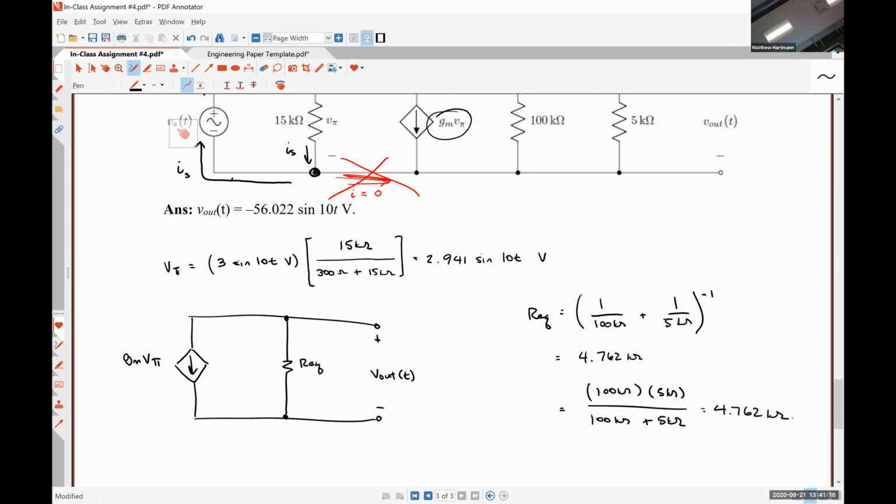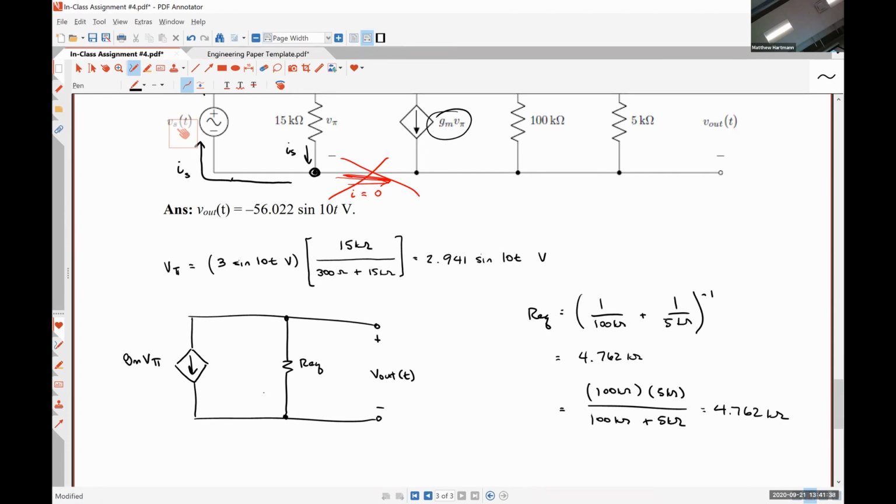So Kirchhoff's current law is kind of overkill when we only have one resistor, right? All of the current, gm vπ, has to flow through that resistance Req because it's literally the only path for it to flow through.